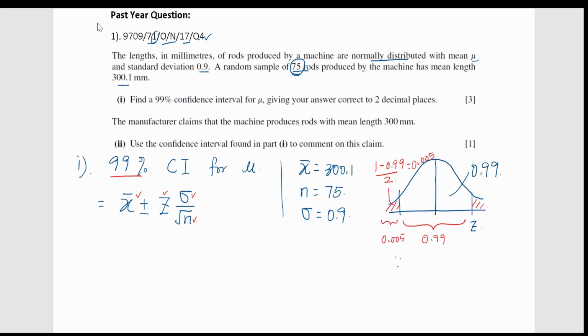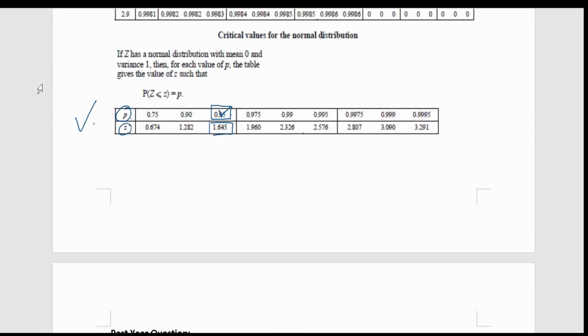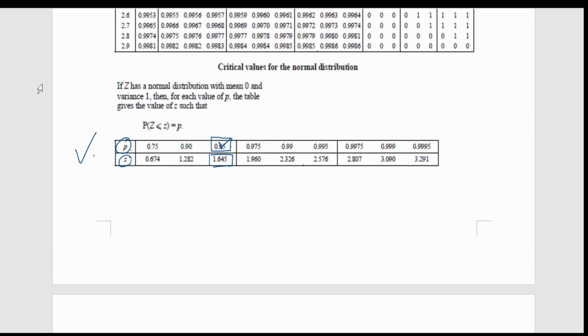So when the probability is this, then the corresponding z-score is going to be, okay, refer back to the table I have just now. For certain commonly used confidence interval percentages, we can refer to the smaller table below. If we can't get it from the smaller table, we refer back to the big table above to get the z-score.